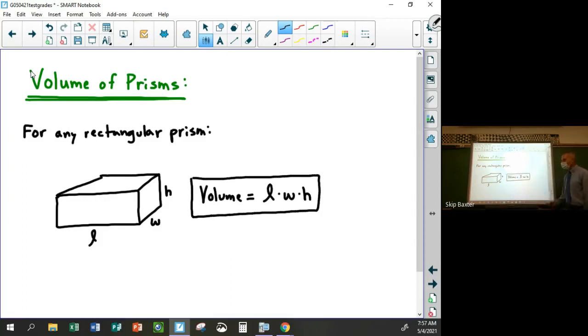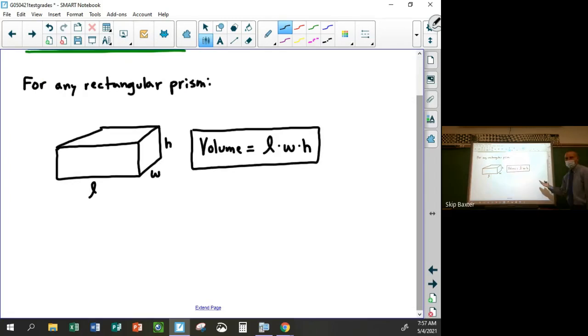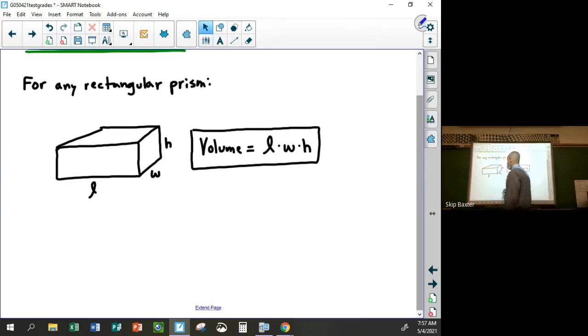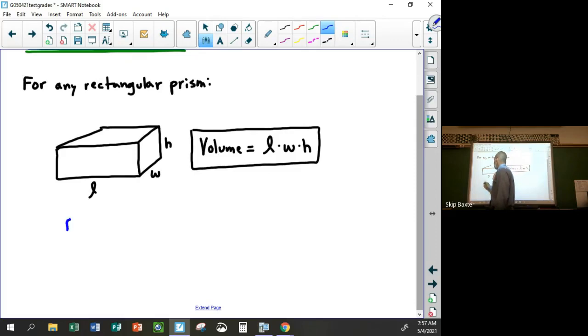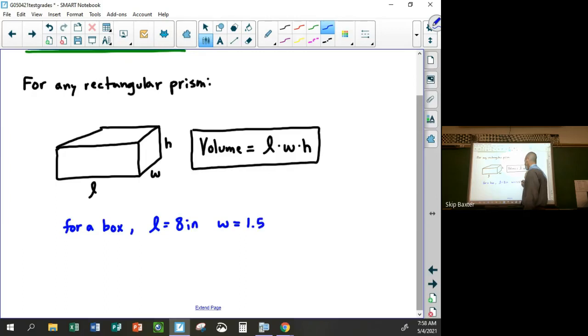Okay, so it's possible they might give you all 3 of those things, and you just have to calculate the volume. That's super easy. So if they said, for example, the box's length equals 8 inches, the width equals 1.5 feet, and the height equals 6 inches.